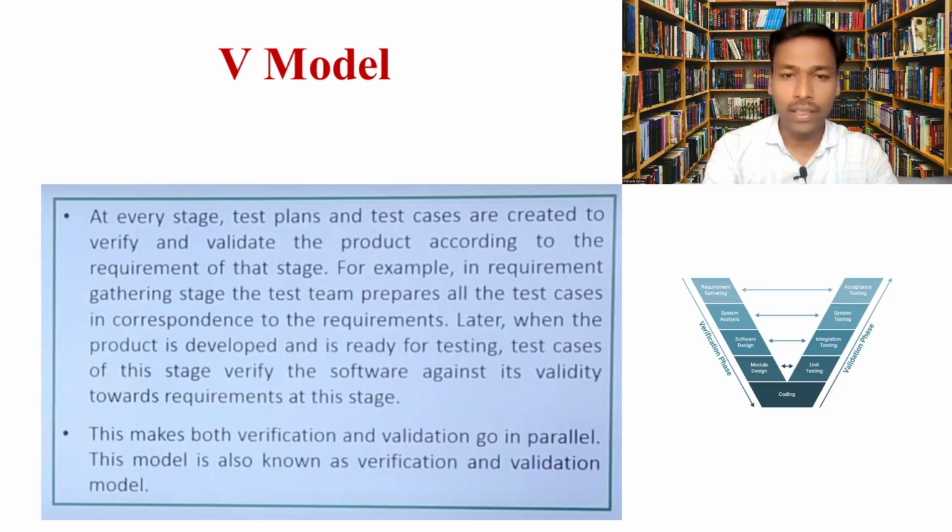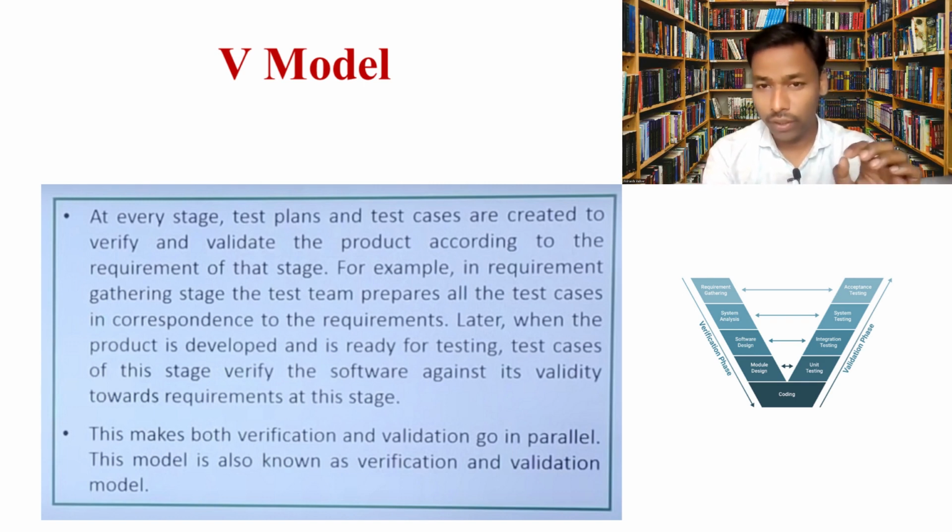At every stage, test plans and test cases are created to verify and validate the product according to the requirements of that stage. As in the previous diagram, here we have the verification phase and here we have the validation phase. For example, in the requirement gathering stage, the test team prepares all the test cases corresponding to the requirements.